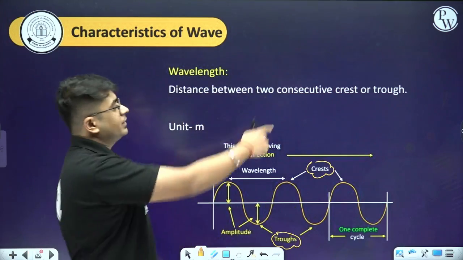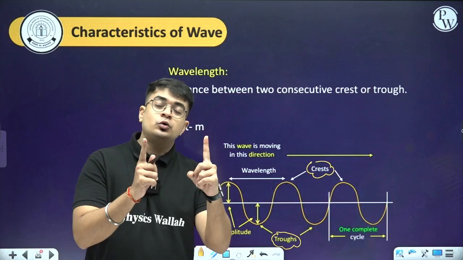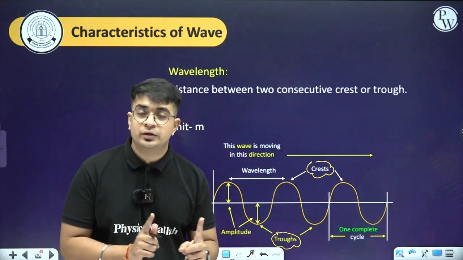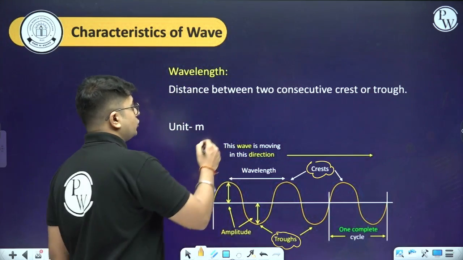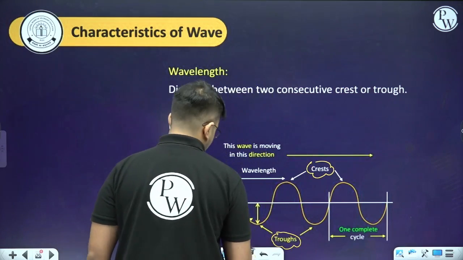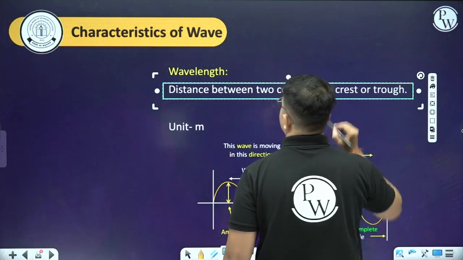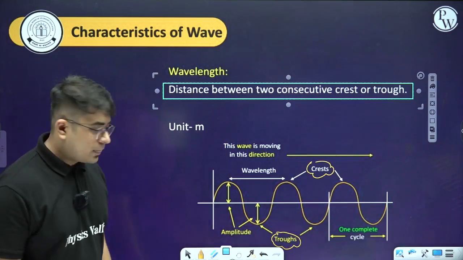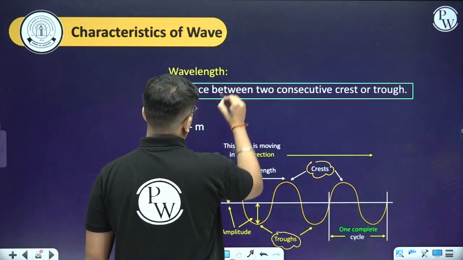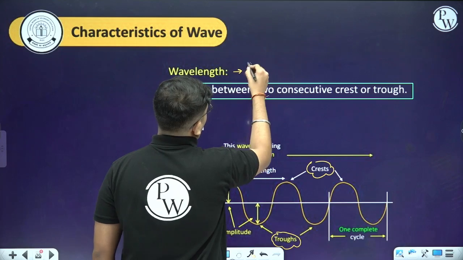Wavelength is the distance between 2 consecutive crests or 2 consecutive troughs. If I want to denote this, it will be lambda.